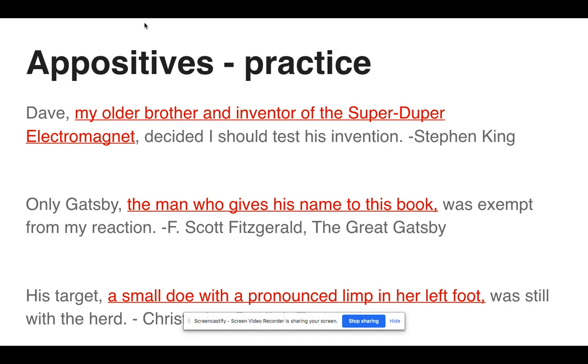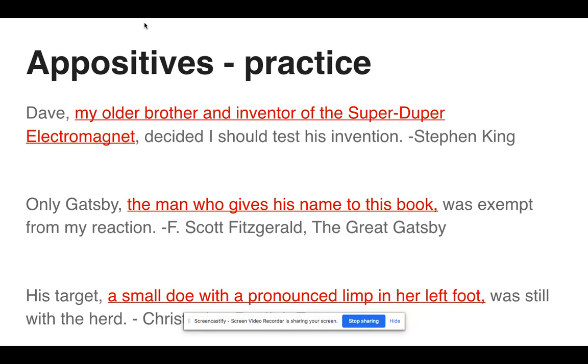And the last sentence: "His target, a small doe with a pronounced limp in her left foot, was still with the herd." The portion underlined in red is the appositive, and it's being used to give more information about the main noun right next to it, which is his target.